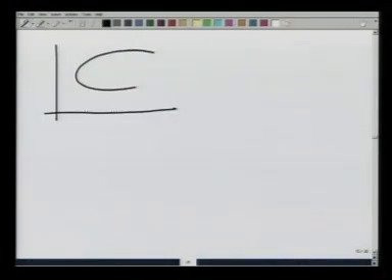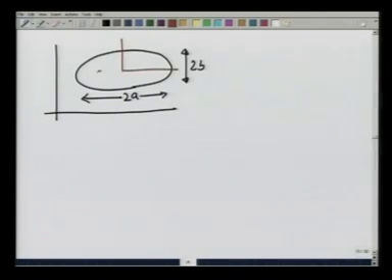let us take the case of an ellipse with its length being 2a and this being 2b, with its centroid at point x_0, y_0, and calculate its second moment of area and product of area with respect to the x y axis shown here.